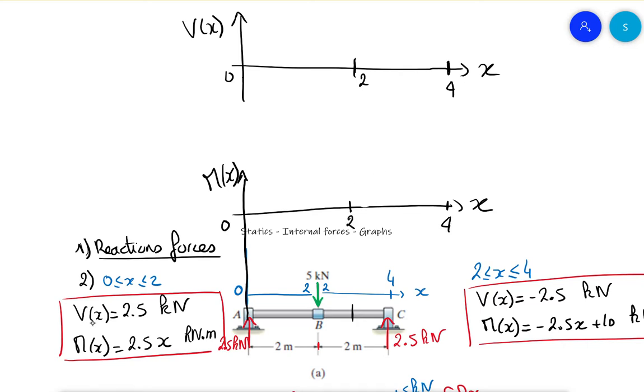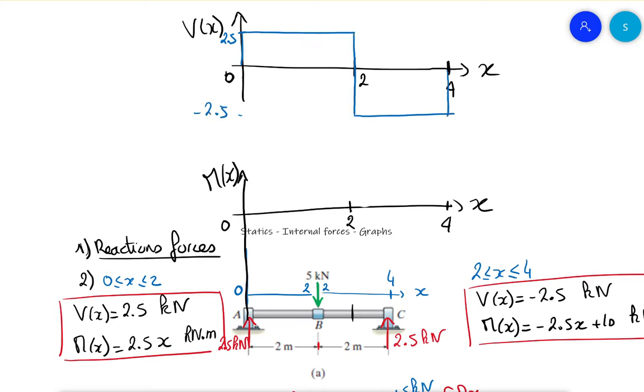So we say that the shearing force between 0 and 2 is 2.5. So between 0 and 2, it's 2.5. And between 2 and 4 is minus 2.5. Okay.